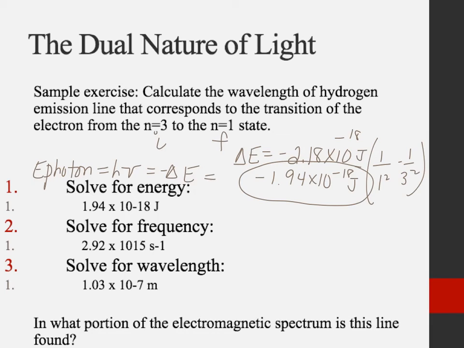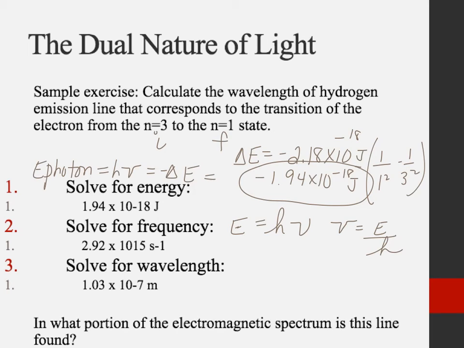To solve for the frequency, recall that we have a formula, E equals h nu. So if we're solving for our frequency, then frequency is going to equal E divided by h.